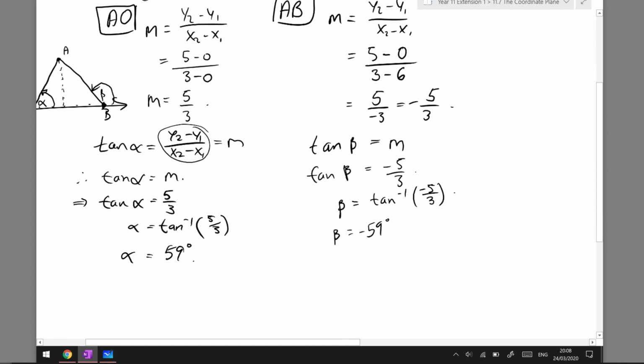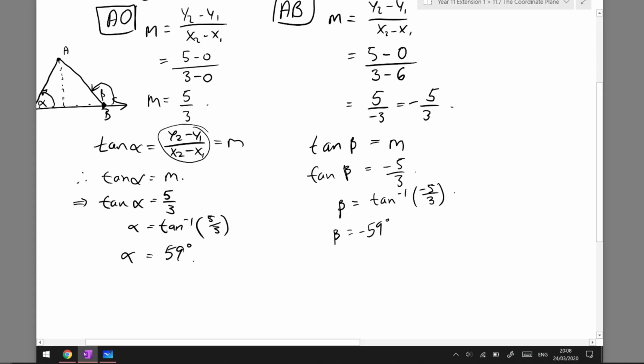Now you might be saying to yourself, beauty, that's awesome, we've got two things, but you may notice one thing in particular, which is jumping out at me: we can't have a negative degree on our angle.